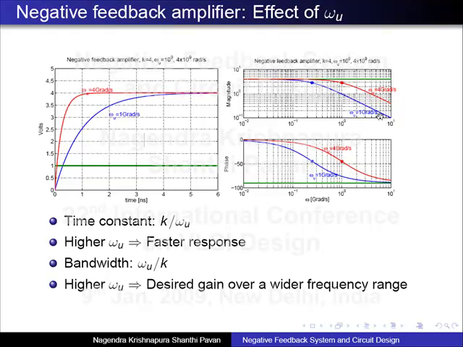If I do it with 4 gigaradians per second, it is constant for a wider range of frequencies and then it falls off. So this is the obvious thing, and it comes from the specification. If someone says you have to respond fast, you choose a high omega u. If a slow response is okay, you choose a small omega u. Or similarly, the spec could be given in the frequency domain. You have to operate with signals up to 1 gigahertz. That gives you some omega u. 100 megahertz gives you some other smaller omega u.